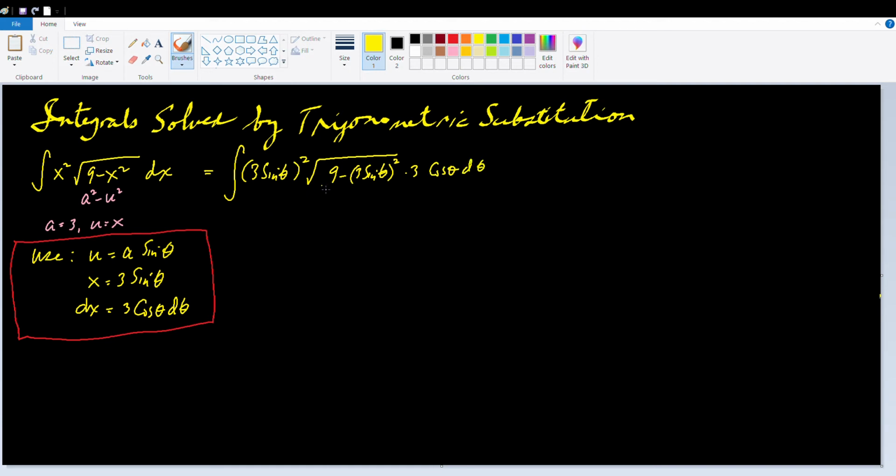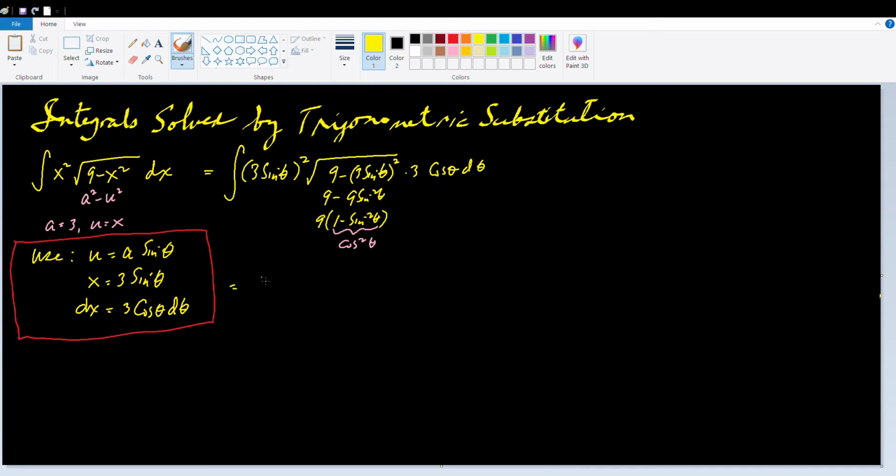For the radicand, 9 minus (3 sine theta) squared is 9 minus 9 sine squared theta. We can factor 9, 1 minus sine squared theta. And 1 minus sine squared theta is cosine squared theta.